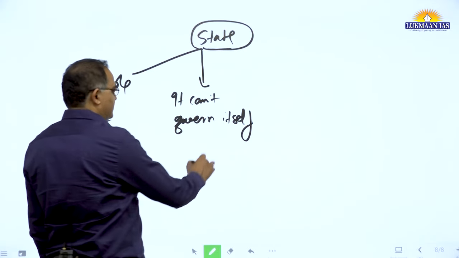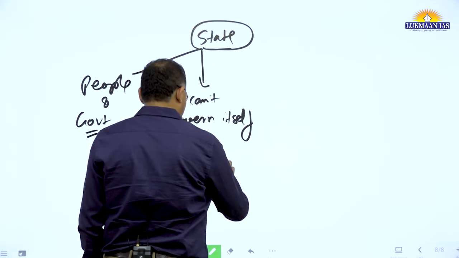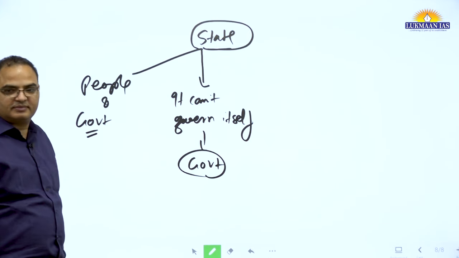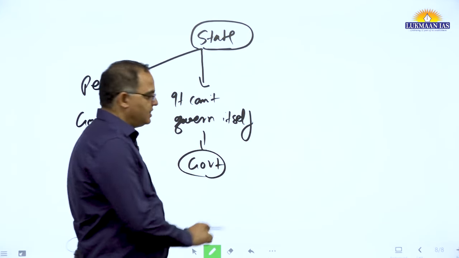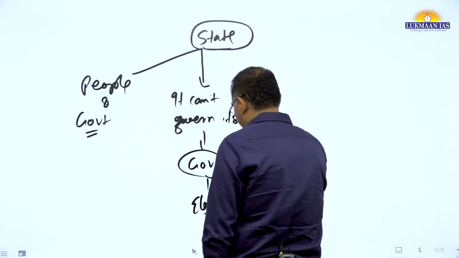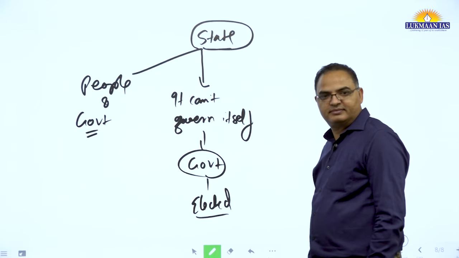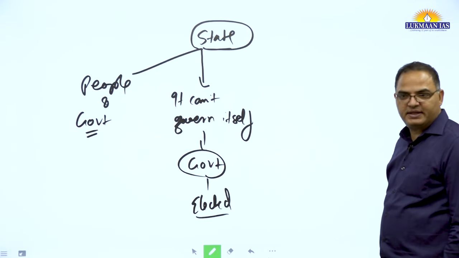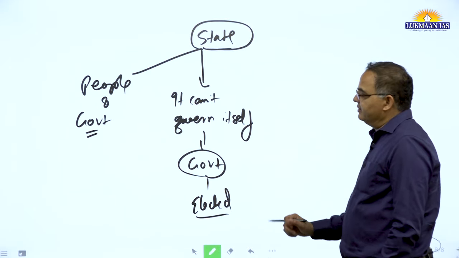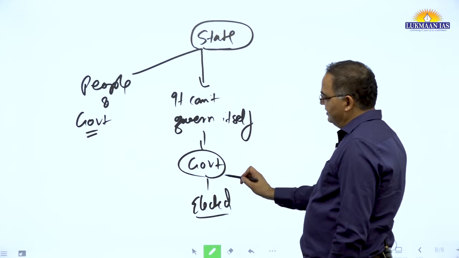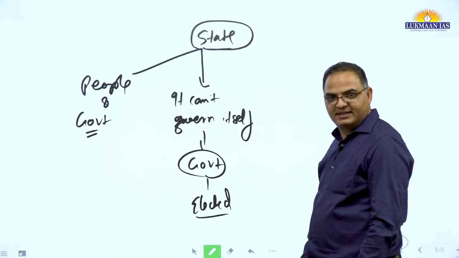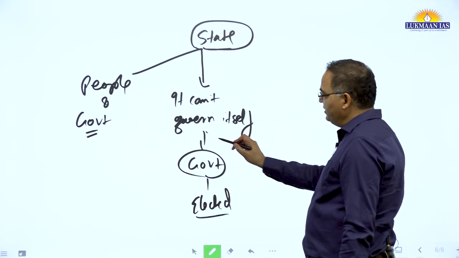So it means we need a government. And this government must be elected. But again, this government can become arbitrary. To check government, what do we use?